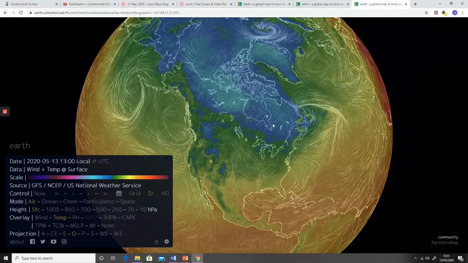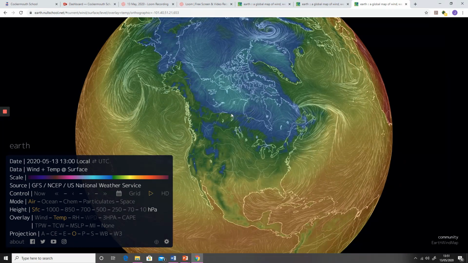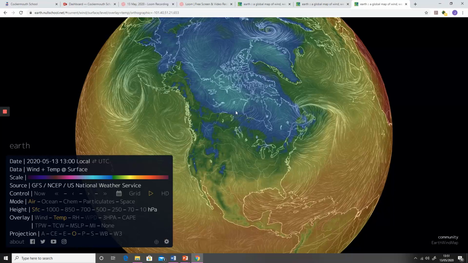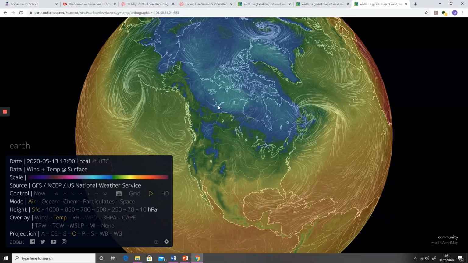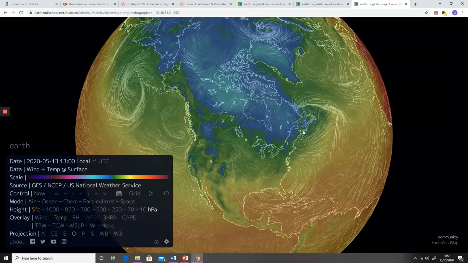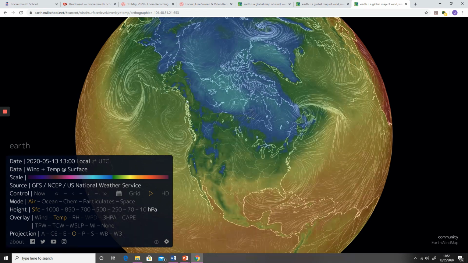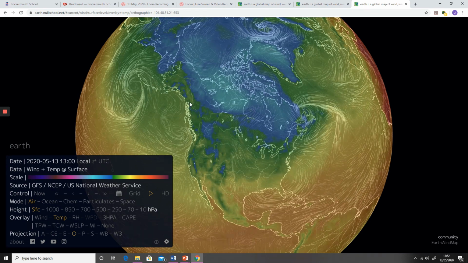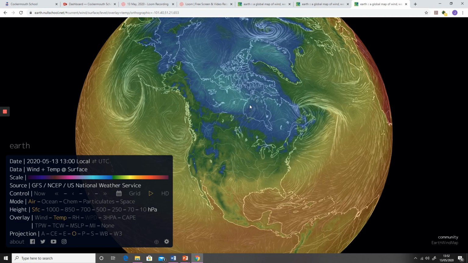You can see that the interior of Canada is colder than the coast. So this green bit all along the coast, you've got Newfoundland and Halifax and all of that there. Over here in British Columbia, it's warmer than the middle parts. The middle parts are much cooler.